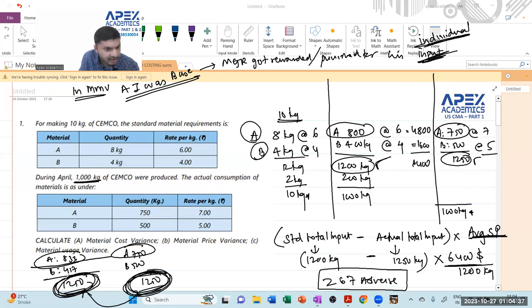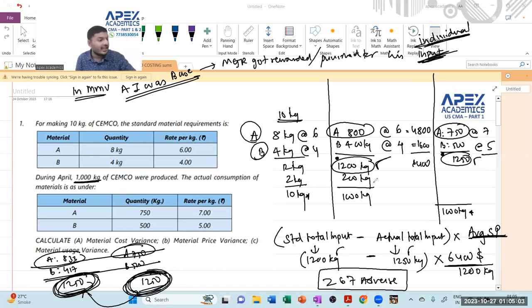Main internal mistakes pakadta hu. But now I'm saying, no more of your tantrum. I want to see this. You are supposed to use how much? 1200? How much you use? 1250? Punished. Standard price, average, 6,400 for how much? 1200 kg. How much for 1 kg? 6,400 divided by 1200. Your answer is 5.33 per kg.